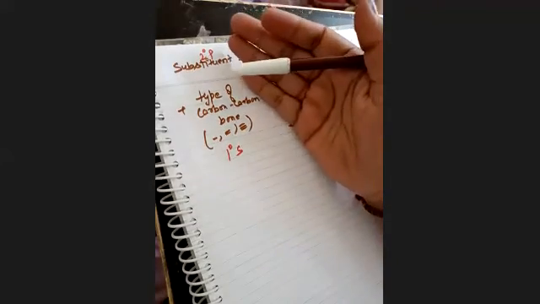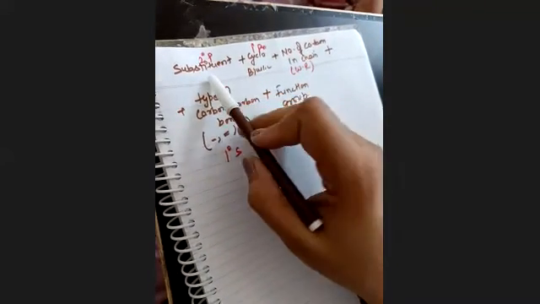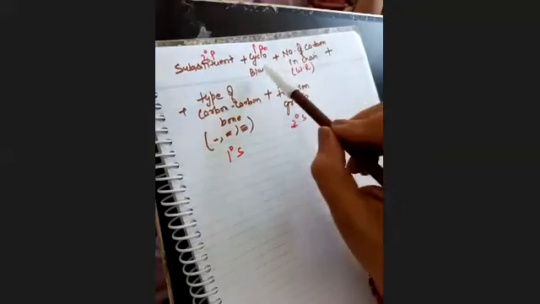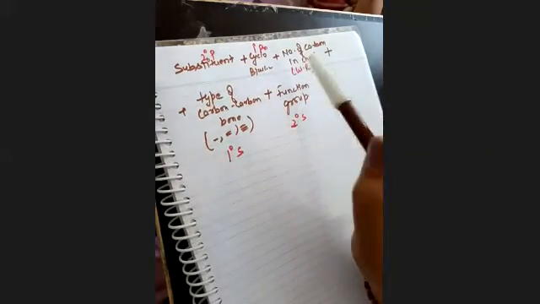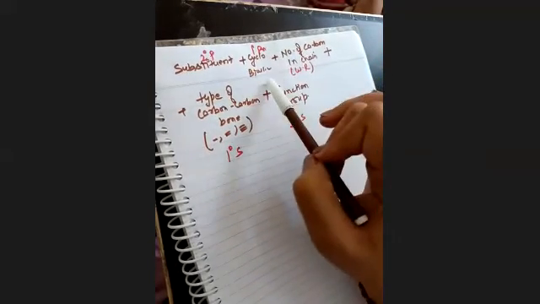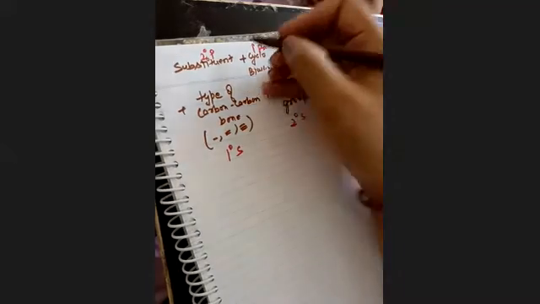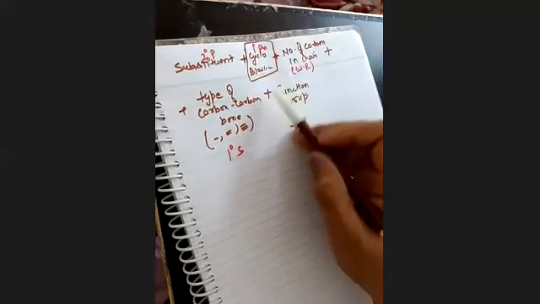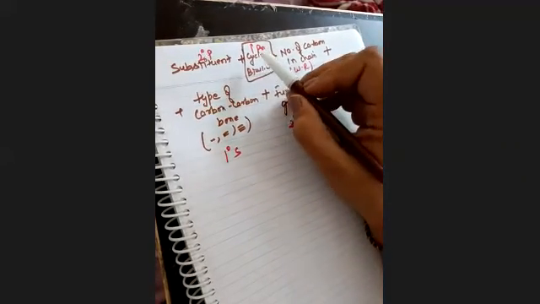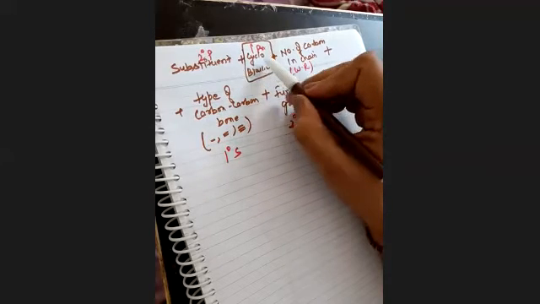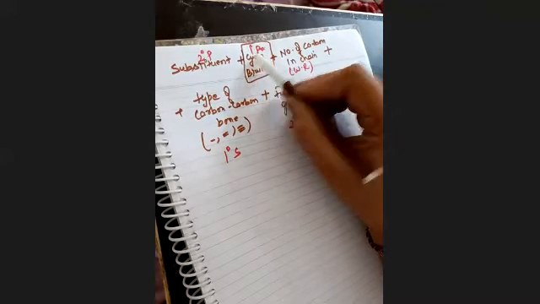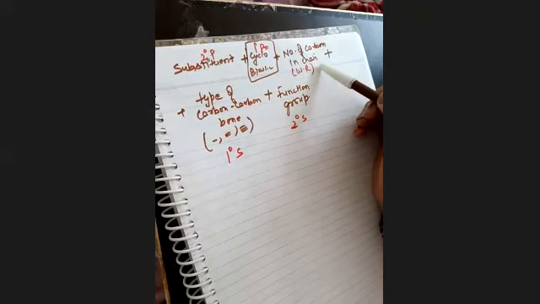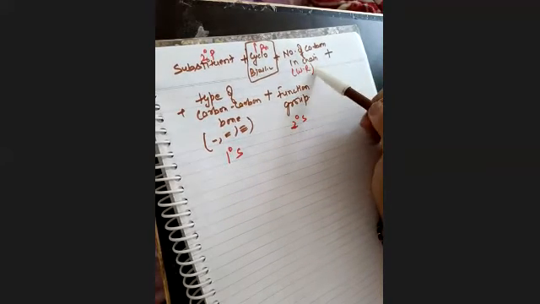So what are the steps? First, we will give preference to the substituent and use the secondary prefix at that time. After that, if this cyclo thing is available, I'm just putting it in brackets because every time it is not possible, कि cyclic compound हो सकता है main chain हो. So at that time, if it is available, you will give preference to the cyclic compound and the primary prefix will be used. After that, count the number of carbons in the chain and it will be the word root.